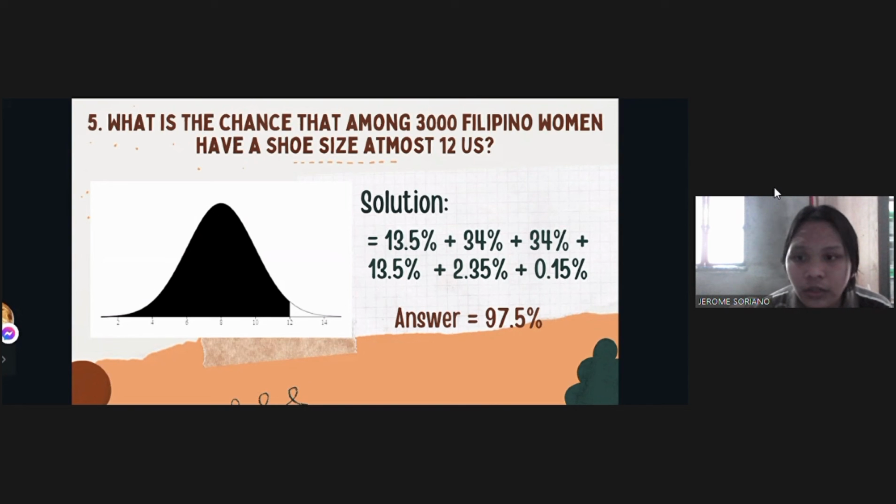And 4 to 2 US size, we have 2.35%. And the remaining 0.15% will be added as usual. So our final answer here will be 97.5%. And that is all the questions for our real-life problem.